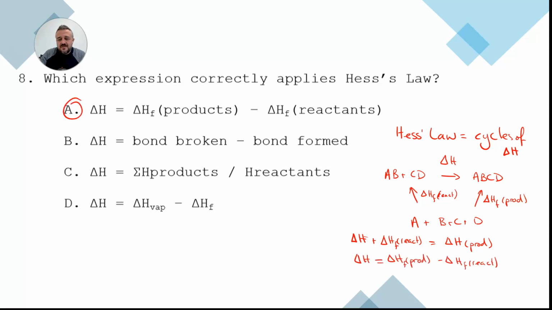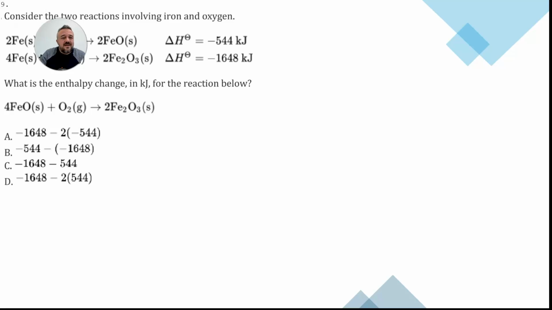So if we cycle that around, for Hess's law, we can have delta H products minus delta H reactants. This is a tricky one because this is one that we use when we use bond enthalpies. But this one here is, again, our Hess's law version of enthalpy. So yeah, A is the answer.